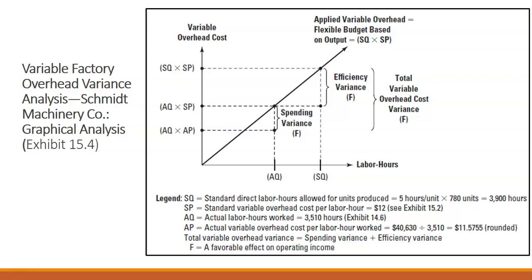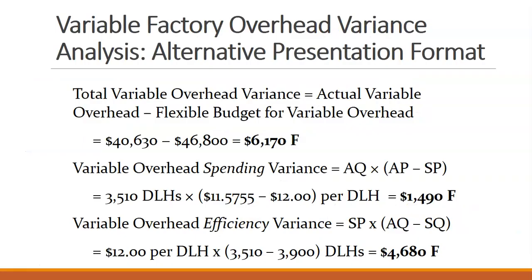This is just a graphical representation of the equations that we looked at on the previous slide. So when we look at these, total variable overhead variance is 6,170 favorable, which we calculated on the previous slide, and that is composed of the spending variance and the efficiency variance being added together.